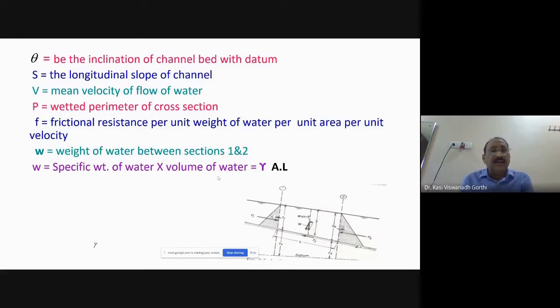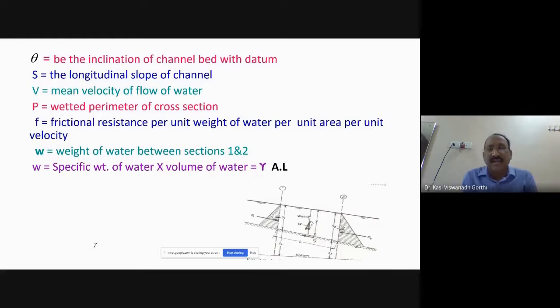And to get this weight of water W between sections 1 and 2, you may observe here that this is all the volume of water. So the volume of water multiplied by the specific weight of water gives you the self weight of water in the control volume.